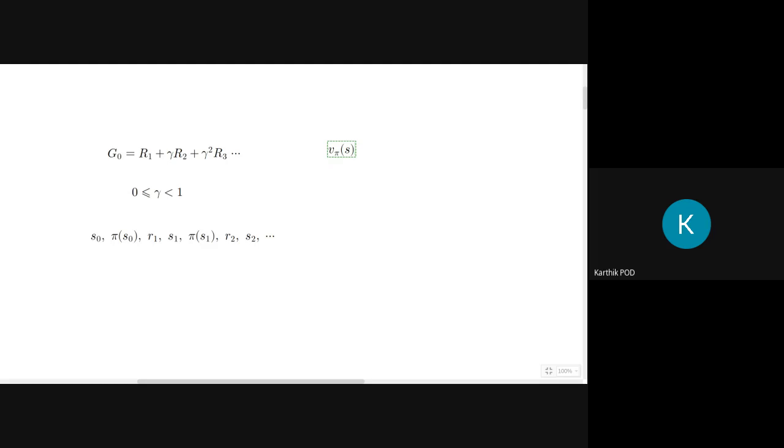It's actually telling you how good a particular action is. What the value function tells you is how good this policy is. It's trying to evaluate a policy, giving you a quantitative measure of how good the policy is. So if you start in state s and you behave according to this policy, this is the expected return that you will get in the long run.